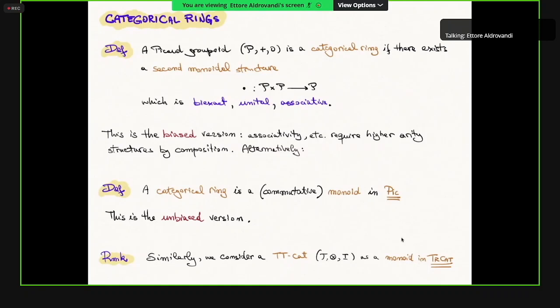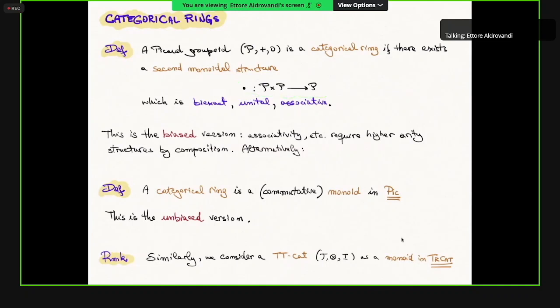One of them is biased, in the sense that I can call a Picard groupoid a categorical ring if there is a second monoidal structure, which is bi-exact. So in particular, it will distribute over plus, unital and associative.